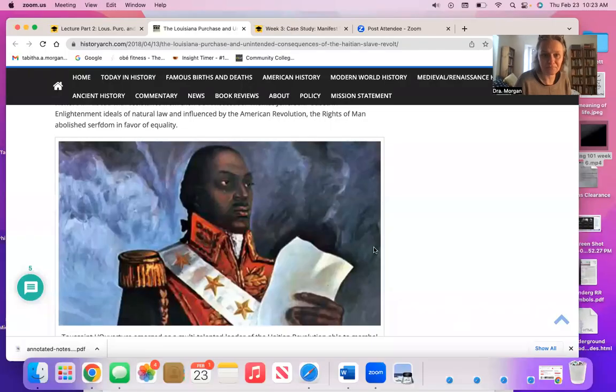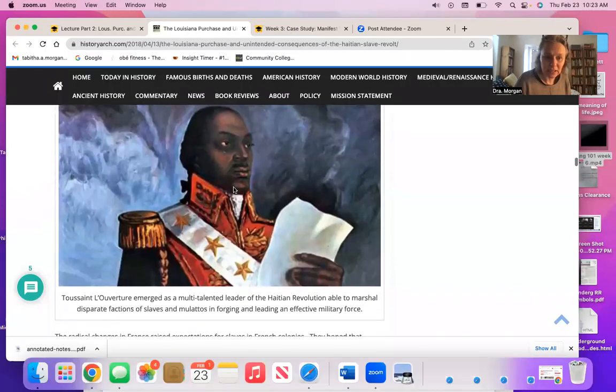Okay. So in the modules, you're going to learn more about the Louisiana Purchase, more about the Haitian Revolution, more about Toussaint. He's amazing. And what all that means and how it impacts the United States. Okay, so that's the first half of this week. There he is. I don't speak French, but I'm pretty sure I'm saying Toussaint Louverture slightly correctly.